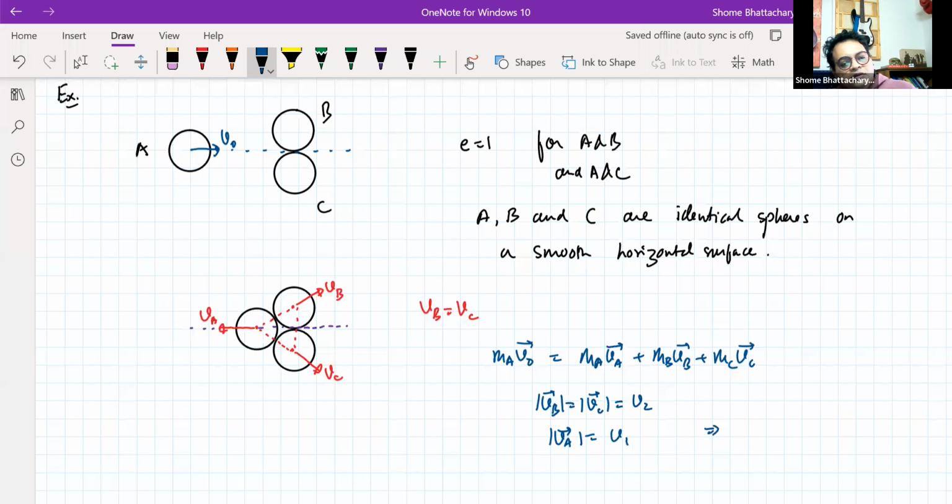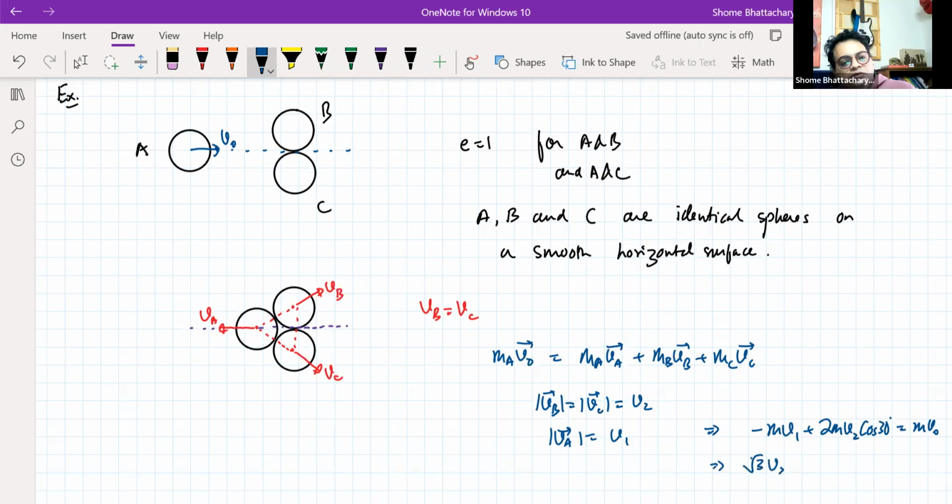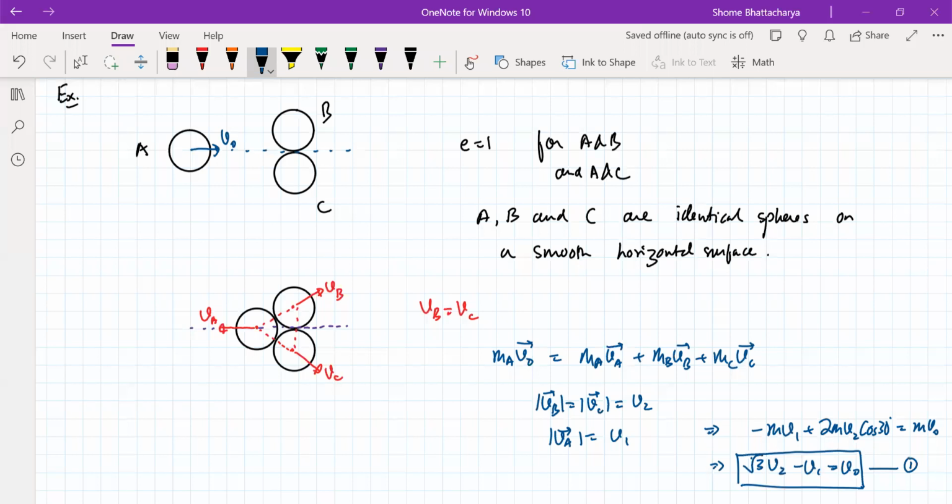So we have minus MV1 plus 2MV2 cos 30 degrees is equal to MV0. This is what the conservation of momentum gives us. So we have root 3 V2 minus V1 is equal to V0. It's our first equation, and we have two unknowns now, V1 and V2. So where will the second equation come from? From the coefficient of restitution? Yes, sir. Okay, so just apply that now.